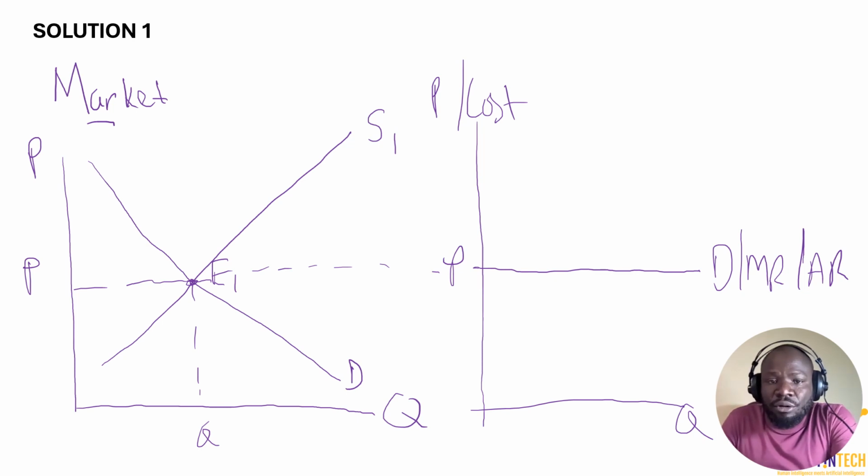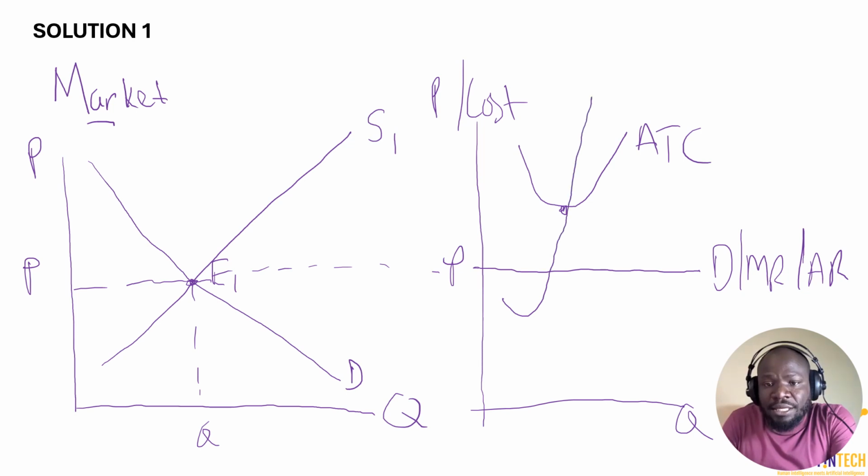So if they're making economic losses, the minimum point of the average total cost curve lies above the price. And this is the marginal cost curve. Remember, where the marginal cost is equal to the marginal revenue is the profit maximizing level of output for any market structure.